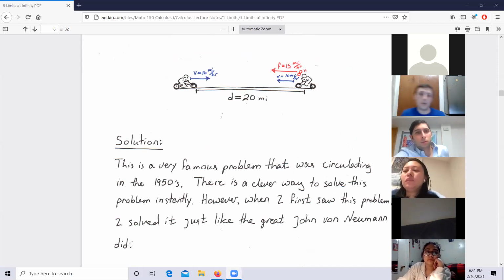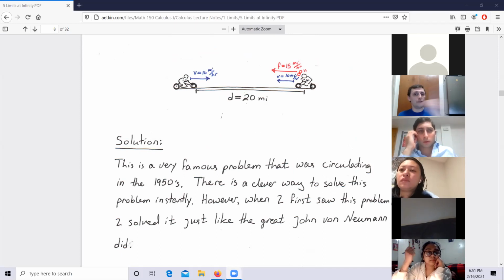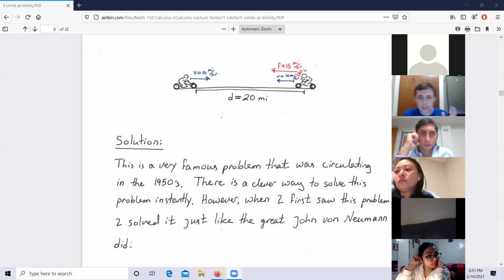Are you with me? So if I know how long the fly stayed in the air, it was always moving back and forth. Sometimes it covers the distance this way, sometimes backwards, but the total distance it covers, because it always travels at the same speed, will be 15 miles per hour multiplied by how many hours it stayed in the air.